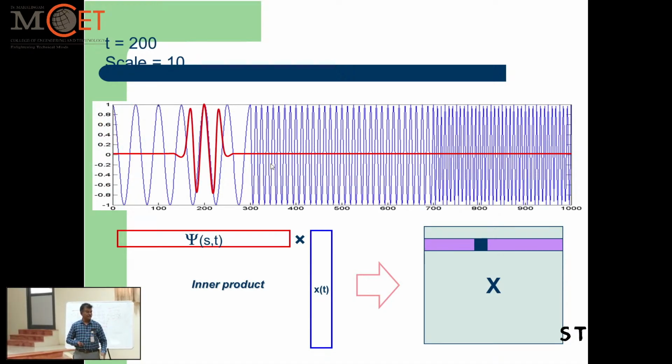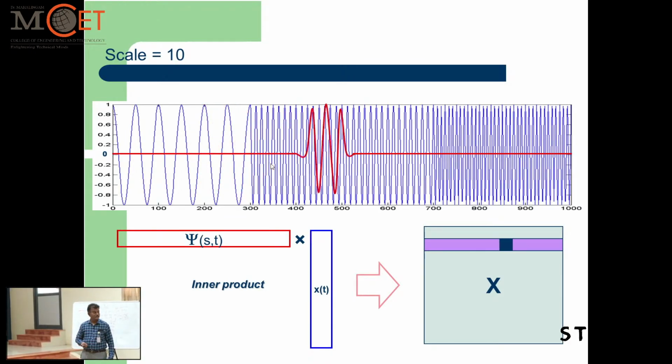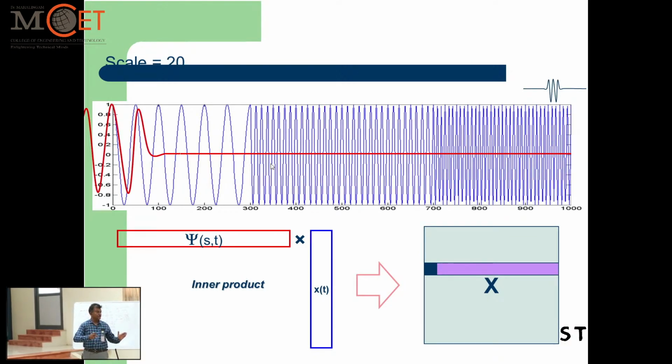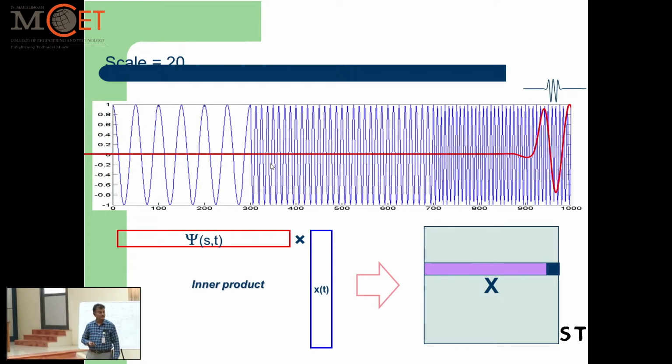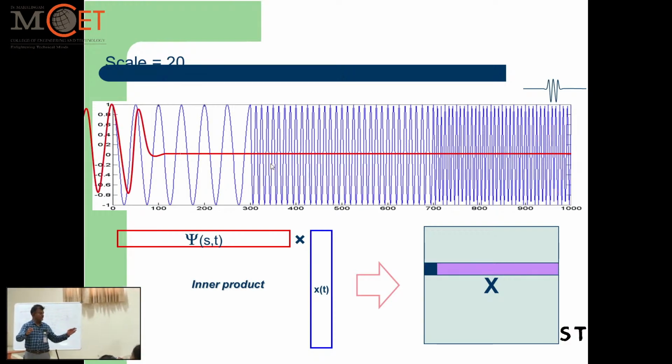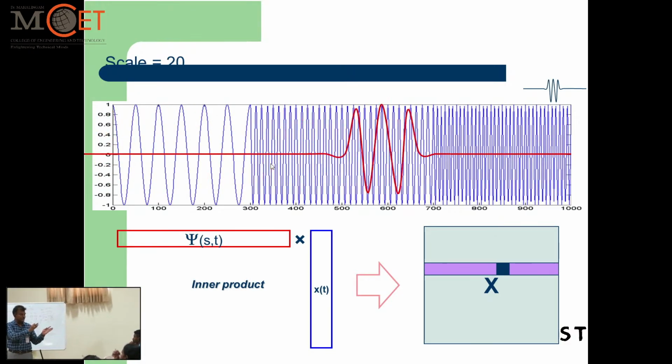Shifting, I am doing shifting. Scaling is also changing, shifting also I am changing. Next scale, I am going to shift the waveform. This also shifted. Now, which is under my control? The width of the window is also changing. Shifting also I am doing.